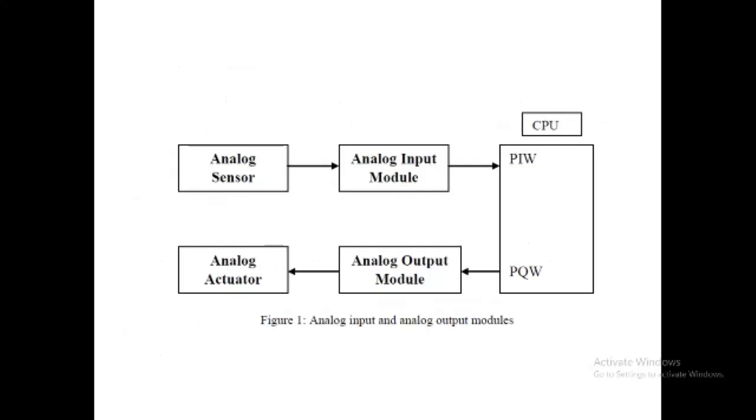The measuring range module, that is MR, is used to change the measurement type and ranges. PI means peripheral input. Here PQ represents the peripheral output. Note that the analog input and analog output modules use the integer word format to save the data and scaling the analog input value.